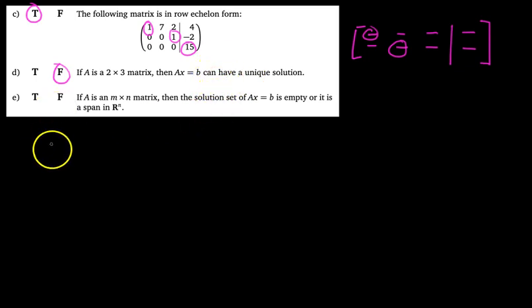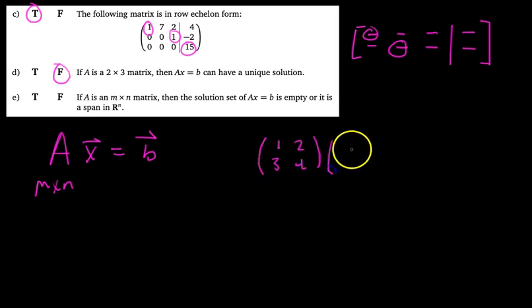We have A, which is m by n, times x, equaling some B. How many entries does x have to have? If you remember, how do you do a matrix times a vector? Here's some matrix times some vector.